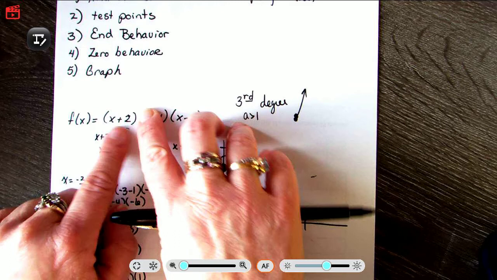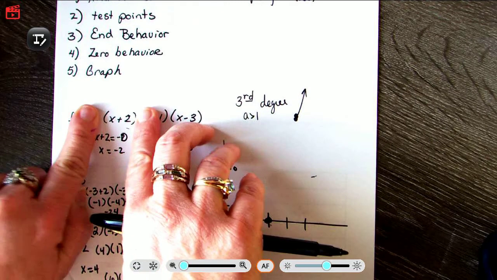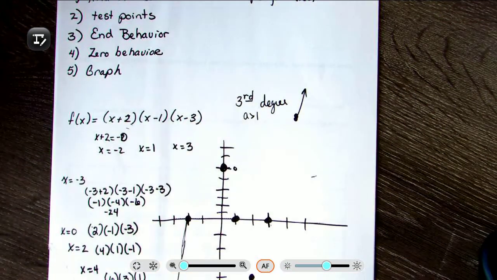So that's like a linear or a multiple of 1. So we only have it there once. We don't have like x plus 2 squared or x plus 2 cubed. Since it's only there once, it's going to go through like a straight line. If it were there twice, it would be similar to a parabola at that point.